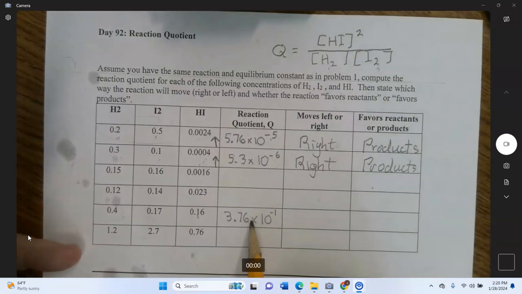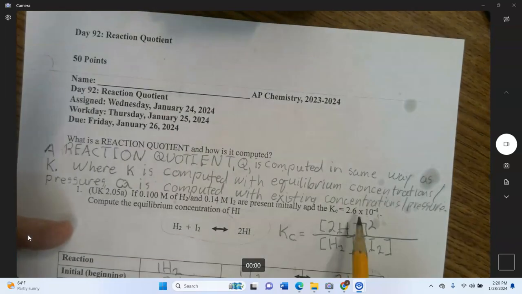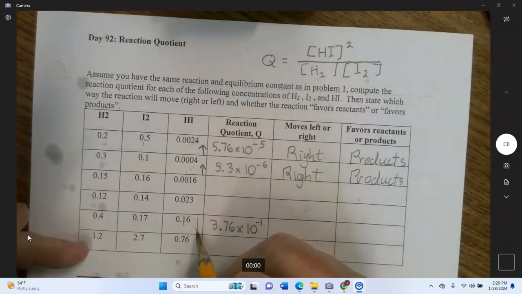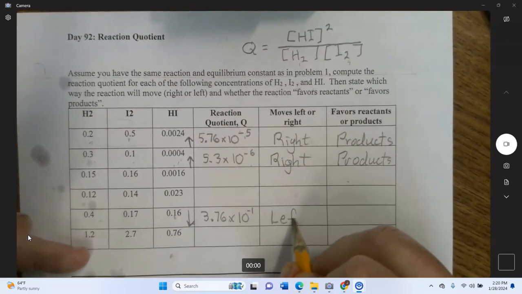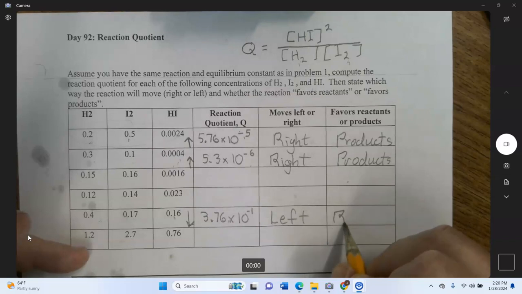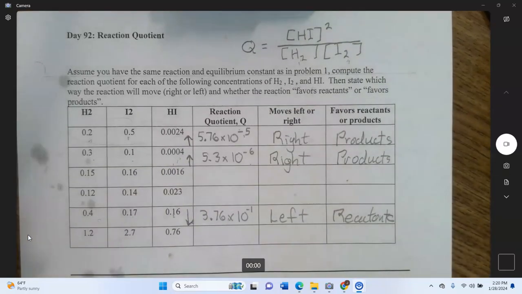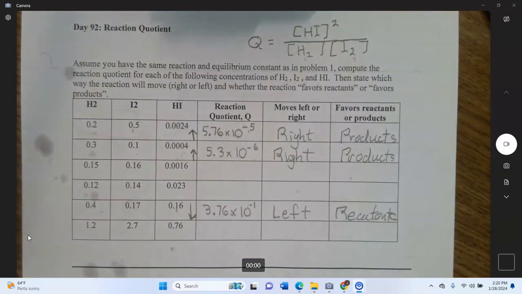Okay, that's going to be bigger than the equilibrium constant. Again, this number right here. That means this is going to want to move down. There's too much product. It's going to want to move to the left, and it's going to favor reactants. Okay, and that takes care of that. You can do the other three. Ask me if you want to check your answers, okay?